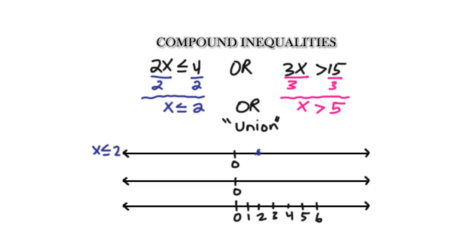It's going to be a closed circle, and it's going to go in this direction since it's less than or equal to. Alright, that looks good. Now let's do the other one. It's x greater than 5, so it's going to be an open circle at 5, and it's going to go in this direction.